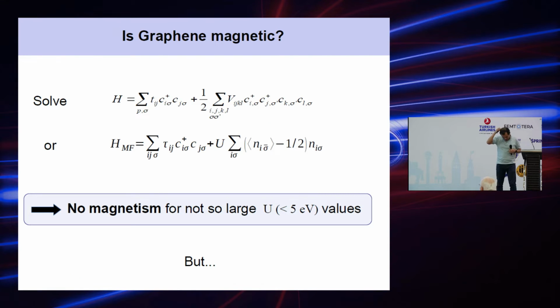Okay, so I told you a few times about magnetic properties of graphene. Let me explain this a little bit more. Is graphene magnetic?